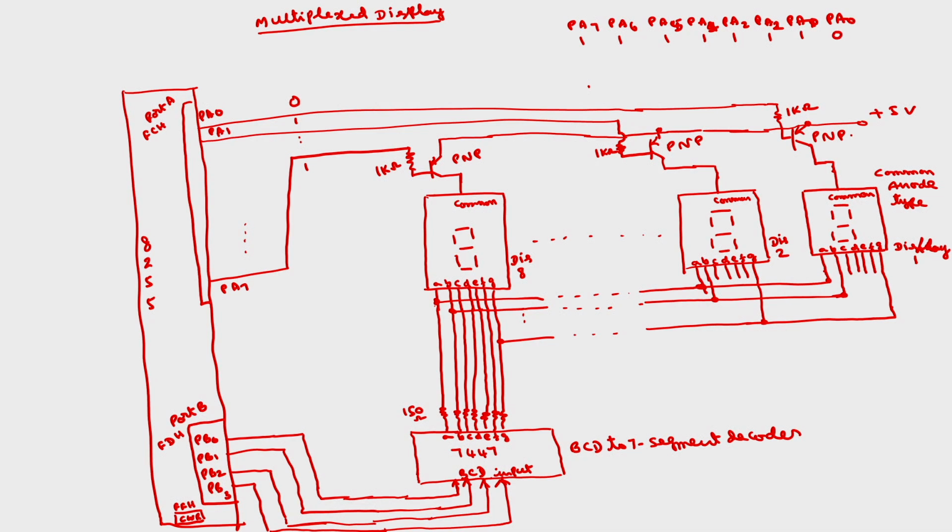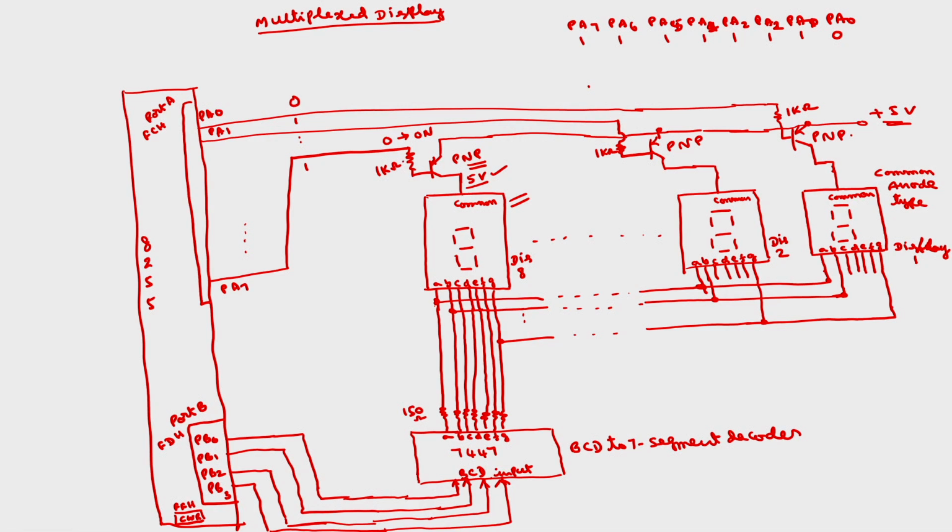Because this is a PNP transistor, if I apply 0 here, this particular PNP transistor will be on. It will act as a short circuit, and 5 volts will appear here. Because this is common anode type, to activate a display, a 5 volt signal has to be applied to the common signal.